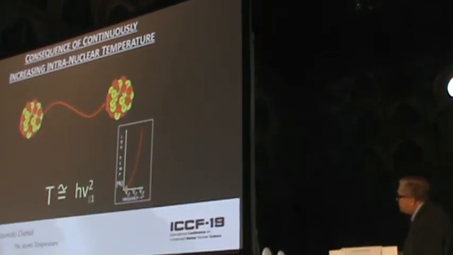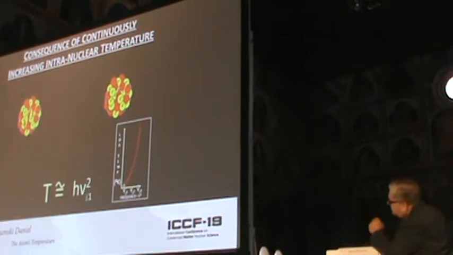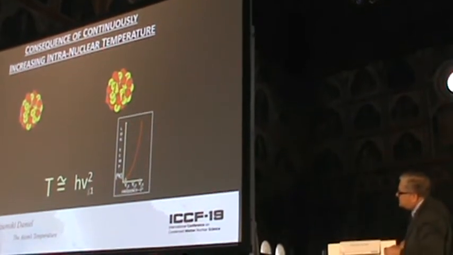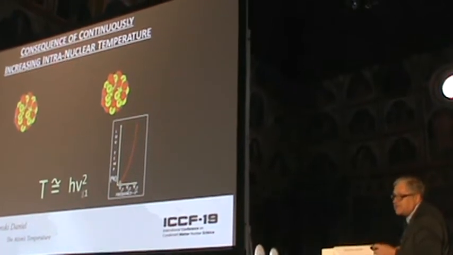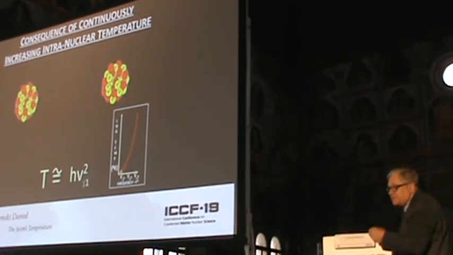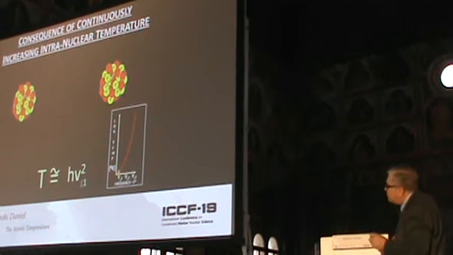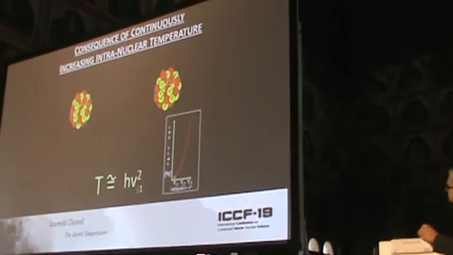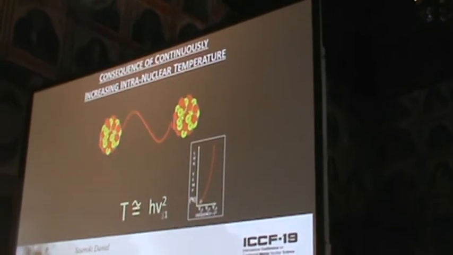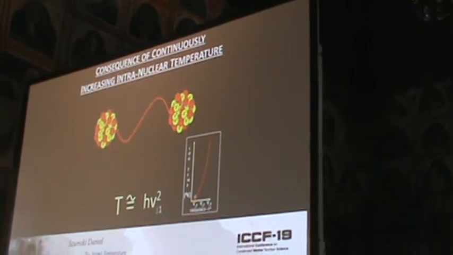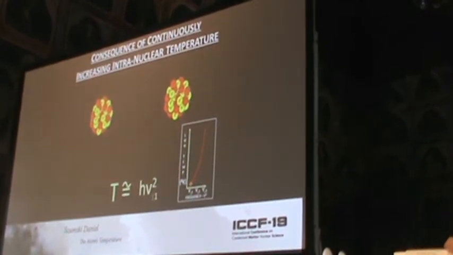Let's take a look at another consequence of this. And here I'm showing the Mossbauer resonance between two nuclei, and I'm also showing in this graph over here the temperature of the process. These are not measurements of any sort. They are more illustrative than anything else. But watch what happens as I increase the radiation, the temperature or the energy of the gamma.